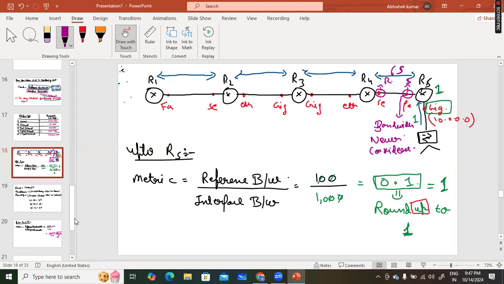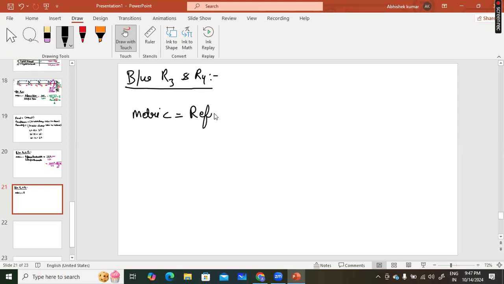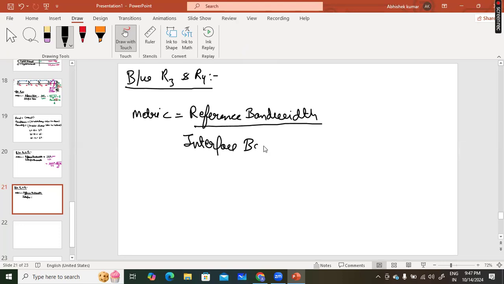Now, we have to calculate the metric between R3 and R4. So the metric is reference bandwidth upon interface bandwidth.